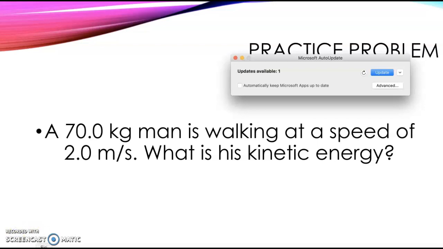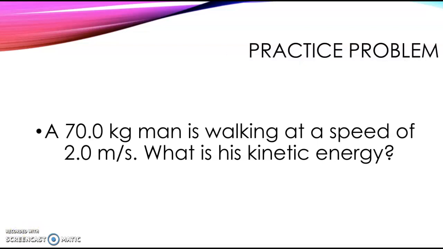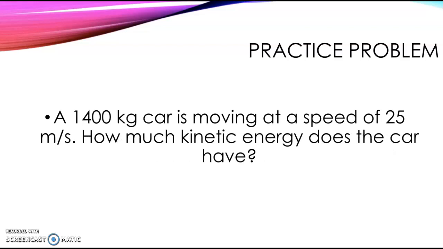Okay, our next practice problem: a 1,400-kilogram car is moving at a speed of 25 meters per second. How much kinetic energy does the car have? We once again have a mass and a speed.